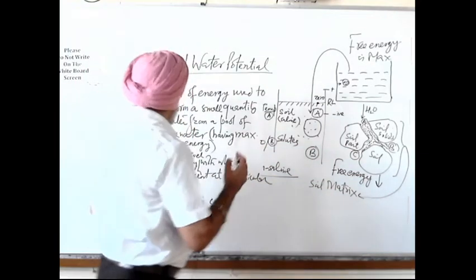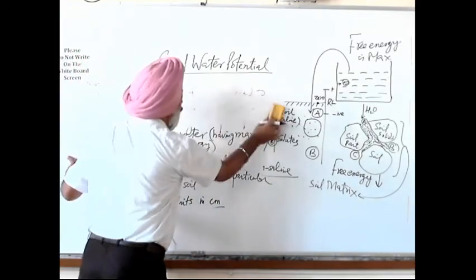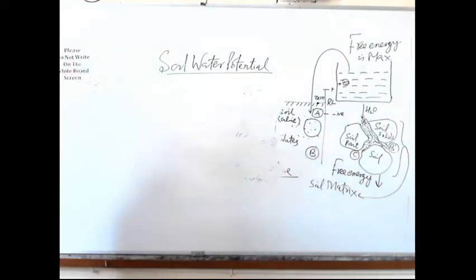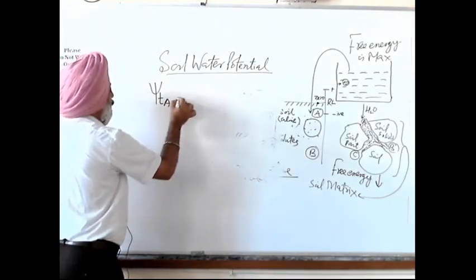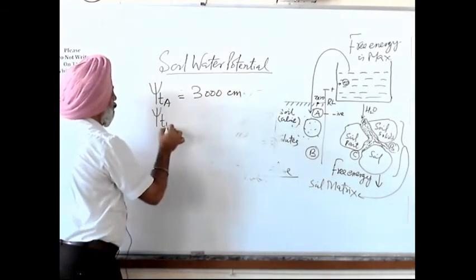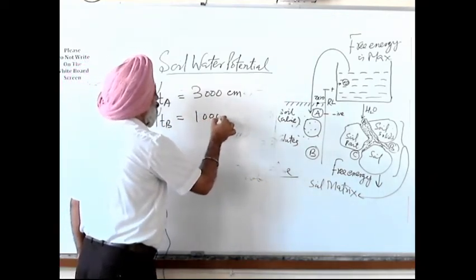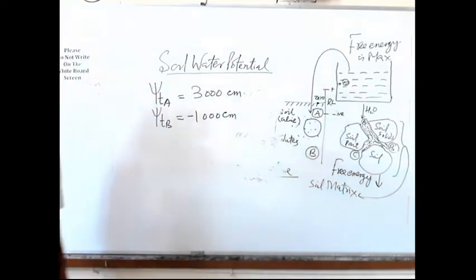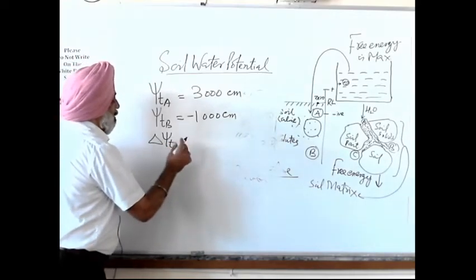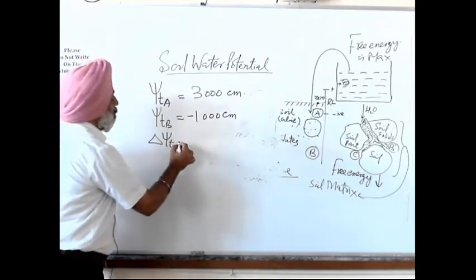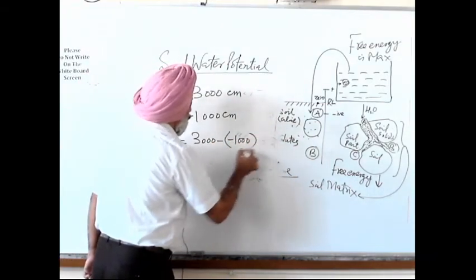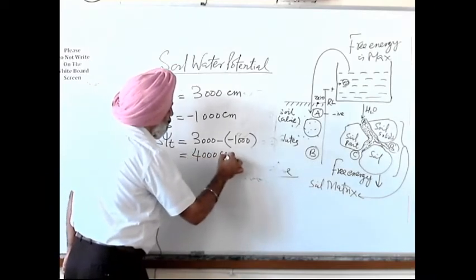So when I say that total soil water potential at A is 3000 centimeters, and total soil water potential at B is minus 1000 centimeters, the difference in total soil water potential will be 3000 minus minus 1000, so this will become 4000 centimeters.